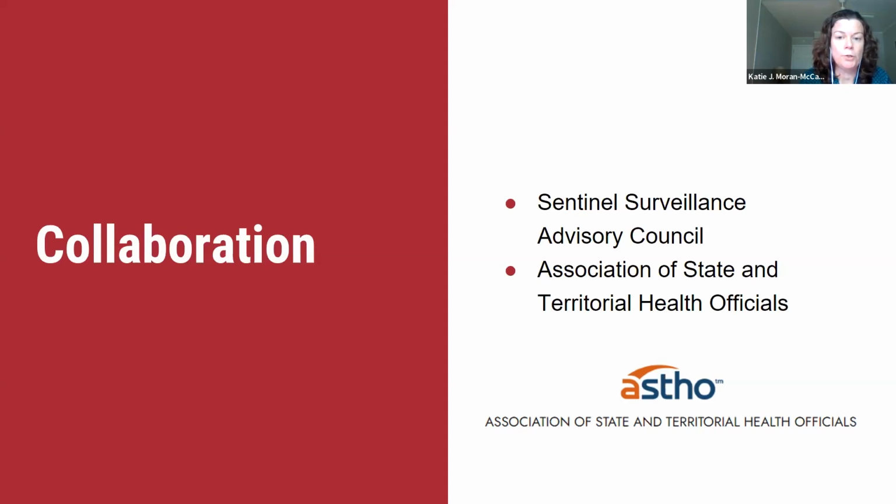So this partnership really allowed us to focus on the coding of the laws and not have to worry about the research, which allowed us to create and update the data set much more quickly than we would have been able to otherwise. So collaboration is definitely something worth exploring if you're thinking about using Sentinel surveillance to track laws and policies. Next slide.